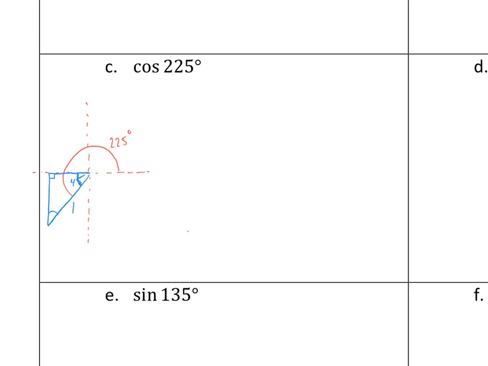The next thing I'm going to do, just to help us, and you guys will eventually get to a point where you don't need to do this, is draw a full-sized 45, 45, 90 triangle with all of the lengths that we normally work with. Normally, our legs are both 1 and our hypotenuse is radical 2. But in this case, that hypotenuse has shrunk and now it's a 1.